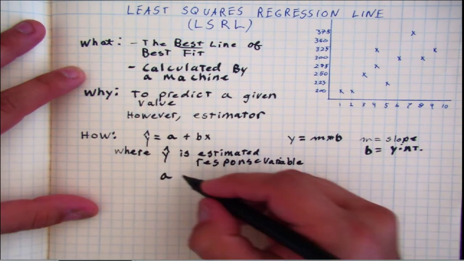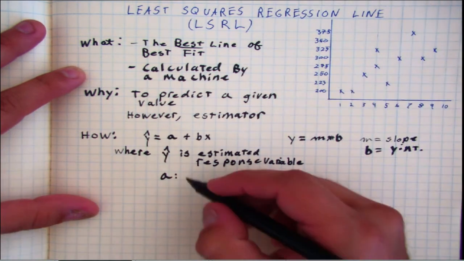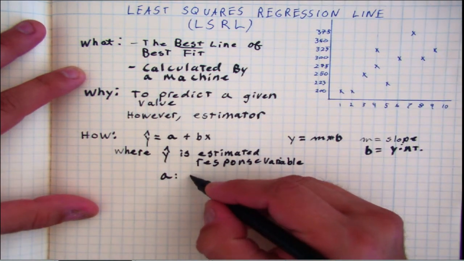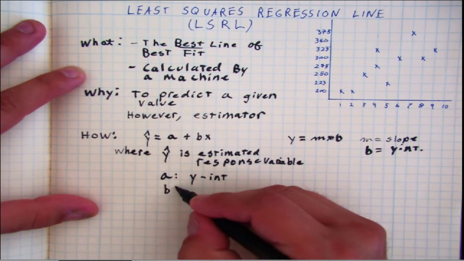A is going to be where the line crosses the y-axis, or the axis that's on the vertical. And B is going to be the slope.